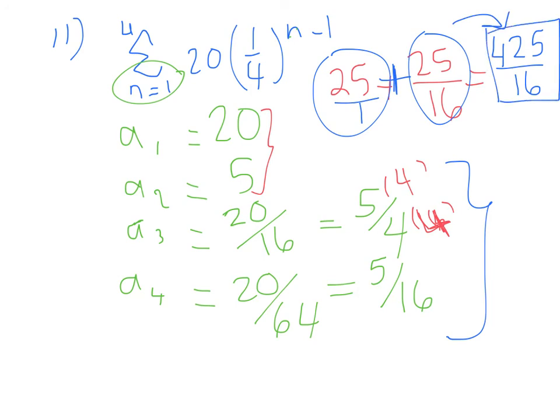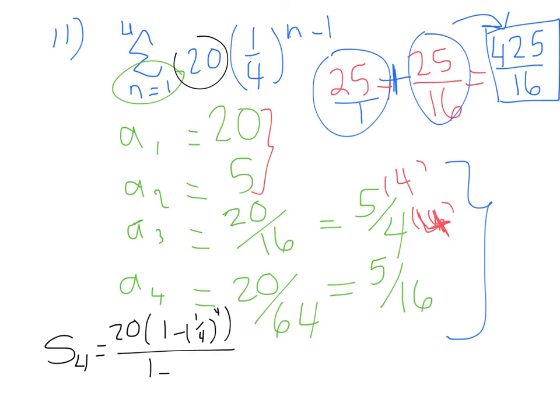Well, let's see if we can figure it out with the formula also, just to verify. So if we try the formula, S sub 4 equals a sub 1, in that case 20, times 1 minus a quarter power 4, all over 1 minus a quarter, or 3/4.